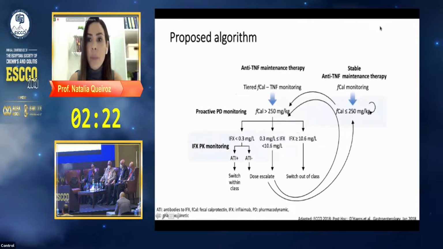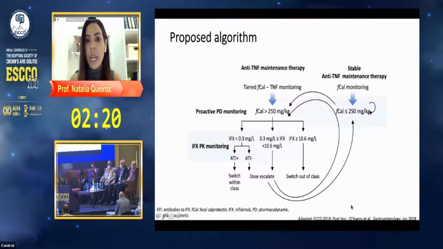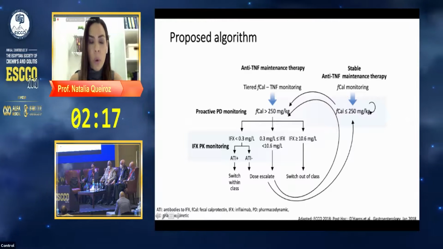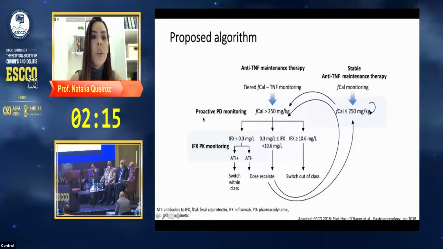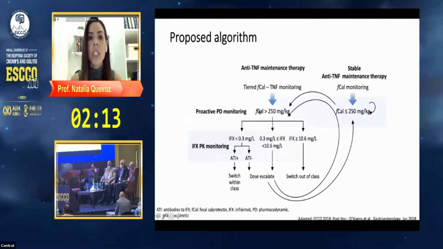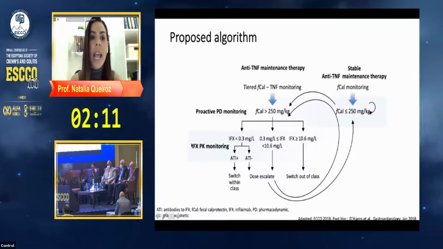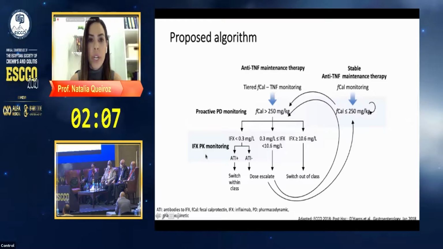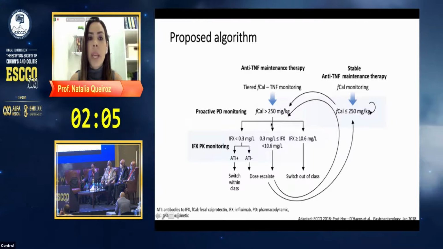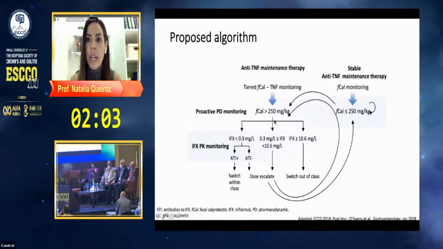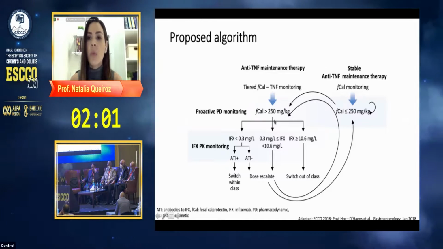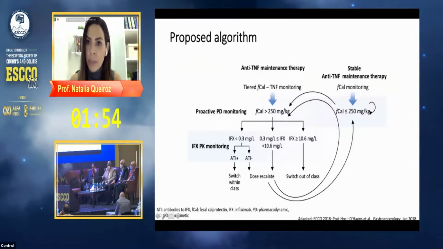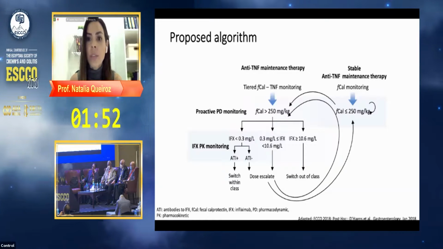This is the proposed algorithm from the Leuven group, where they propose we should proactively monitor the pharmacodynamics using fecal calprotectin and the TDM, the pharmacokinetic monitoring. And in case patients present elevated fecal calprotectin, we should proactively dose drug concentrations and antibodies and treat according to the algorithm.